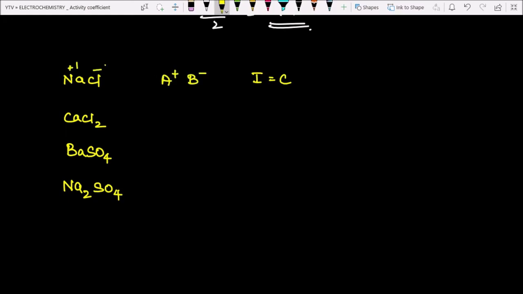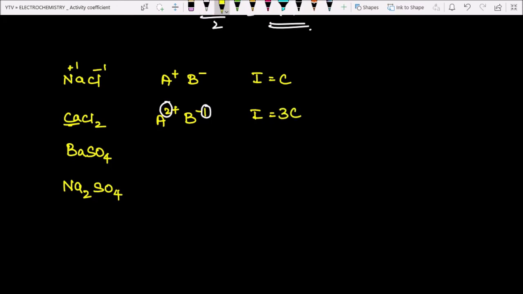This is plus 1, this is minus 1, so A plus B minus. In the second case, the charge of A is going to be 2 plus, because calcium is 2 plus, and the charge of the anion is minus 1. Now how will the ionic strength be? You just add these two values, 2 plus 1. What is 2 plus 1? 3, right? So it's going to be 3 times the concentration.